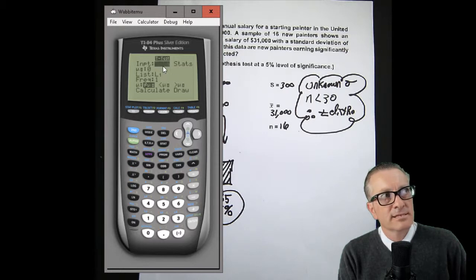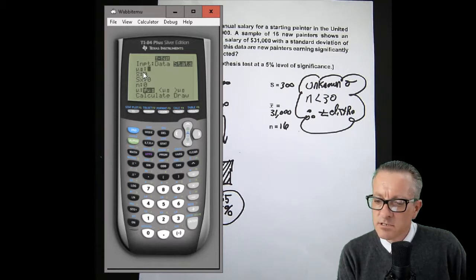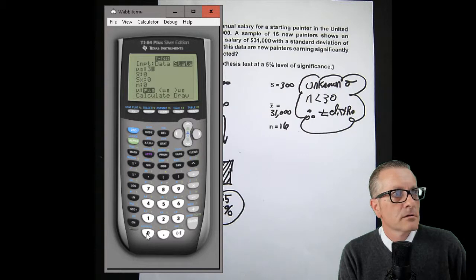We don't want data, because data would be if we had a list of data. We're just going to be entering in the stats. So enter, go down, and our mu is 30,000, and our x bar is 31,000.